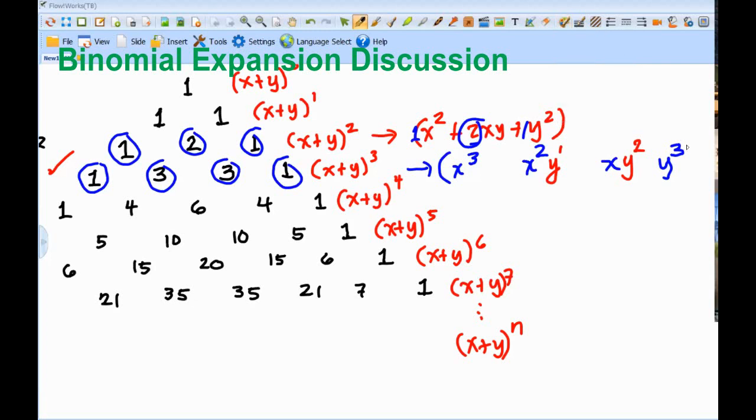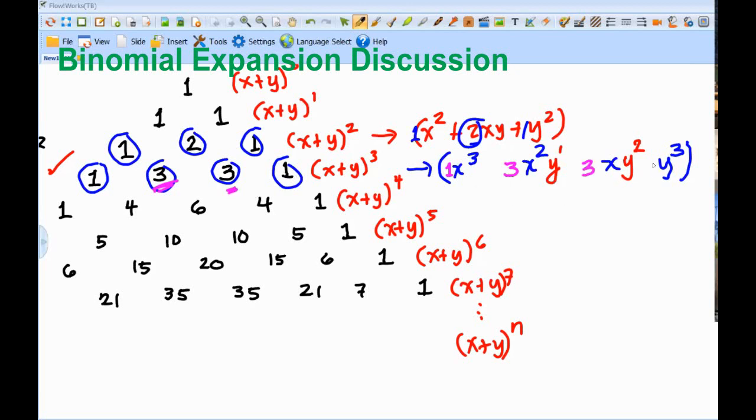All right? So after that, you have to write the numerical coefficients. What are the numerical coefficients here? Here is 1. We are not writing the 1. Next is 3. We'll put 3 here. Next, another 3 here.